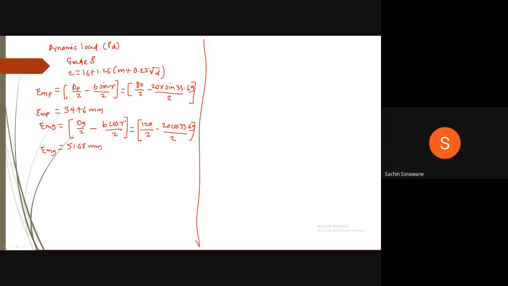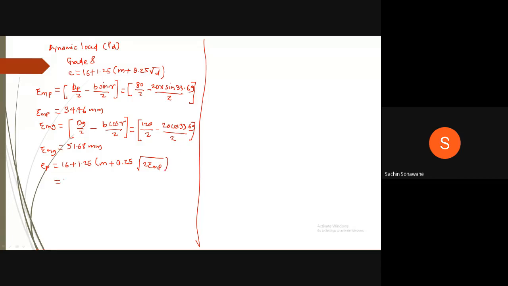Now we'll calculate error for pinion and error for gear. Therefore, write down error for pinion. EP is equal to 16 plus 1.25 into bracket m plus 0.25 into square root of 2 RMP.